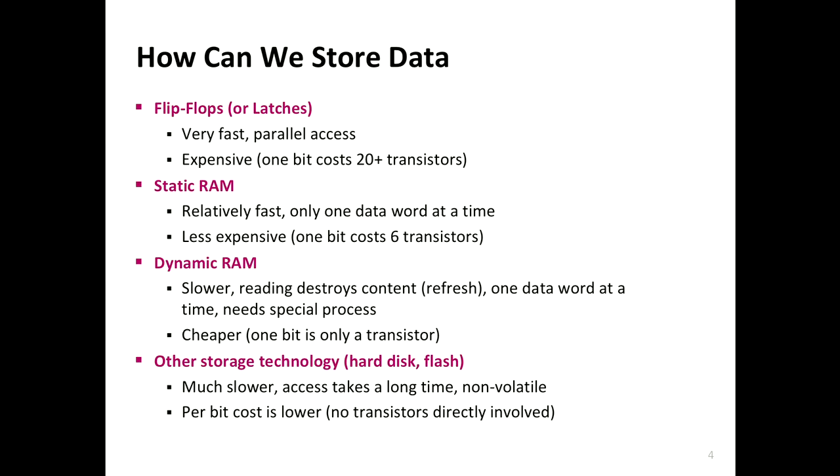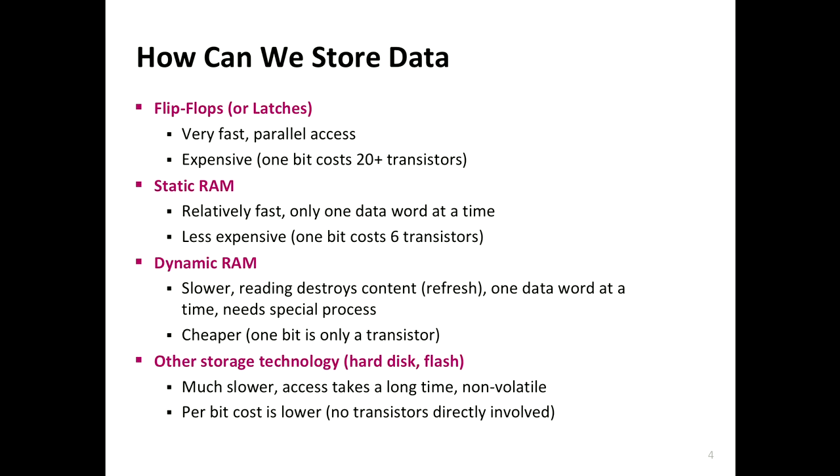You go further down to dynamic RAMs, which are much slower, but also much less expensive because they require much less hardware, typically only 1 transistor. The memory is stored in terms of charge in a capacitor. What's the behavior of a capacitor? As time passes, the charge leaks.